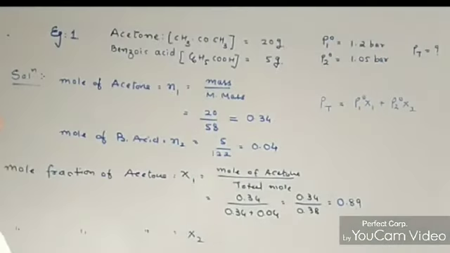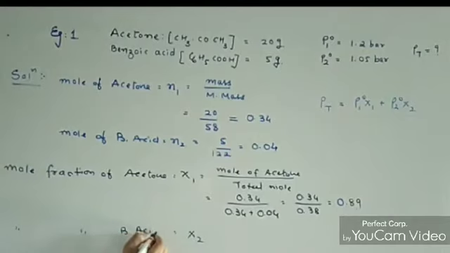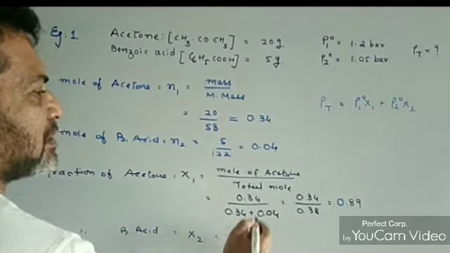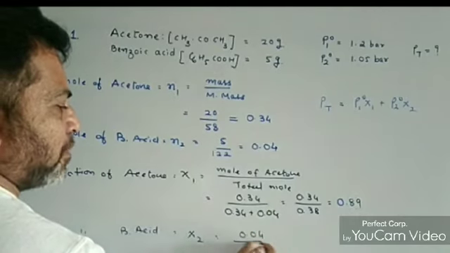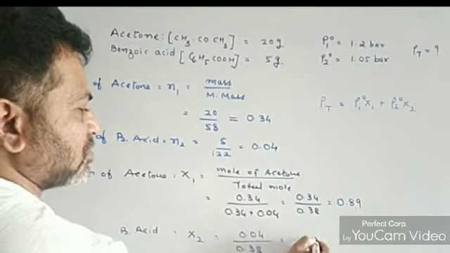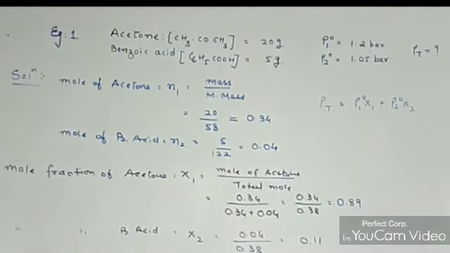Now the mole fraction of benzoic acid, x2. How many moles did we get? 0.04 divided by 0.38. That is equal to 0.11. So now we have found the mole fractions of acetone and benzoic acid.